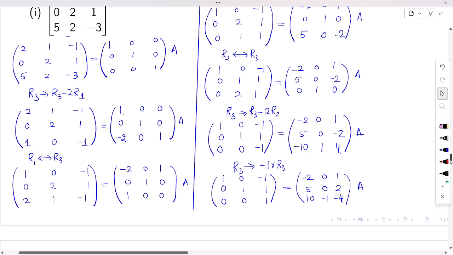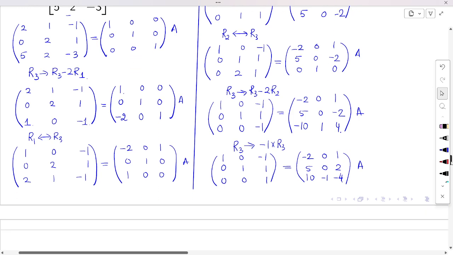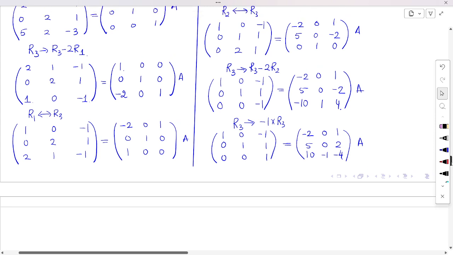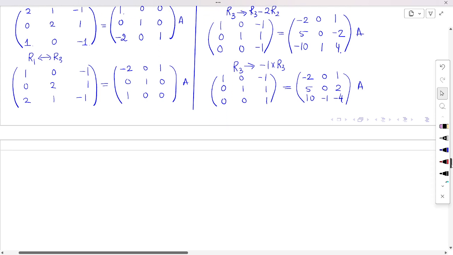You should check the calculations here. Some of the calculations may be wrong here. Okay. Now to make these two entries 0, we apply row 2 minus row 3, and row 1 plus row 3. In the second row, we are subtracting row 3 from row 2, and in the first row, we are adding row 3.